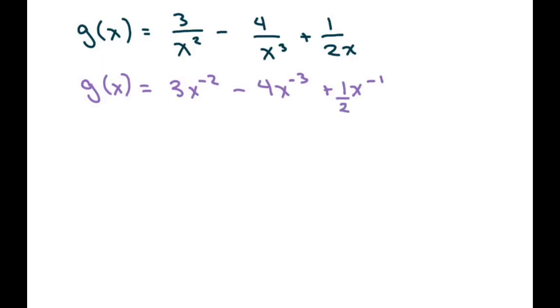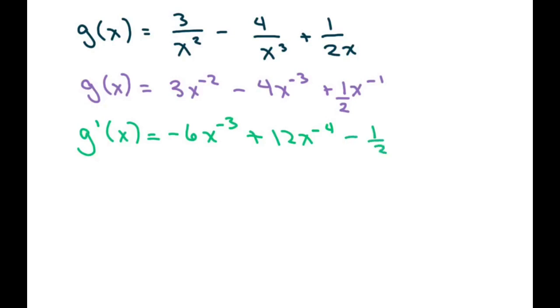Okay, so now we're going to differentiate this. So you get negative 6x, and you subtract 1, so it's going to be negative 3, plus 12x, and you subtract 1, you get negative 4, and then this is going to be minus 1/2 x, and you subtract 1 to the negative 2.